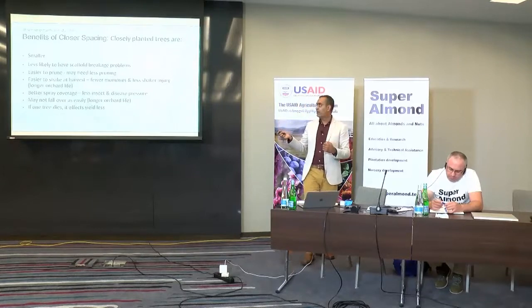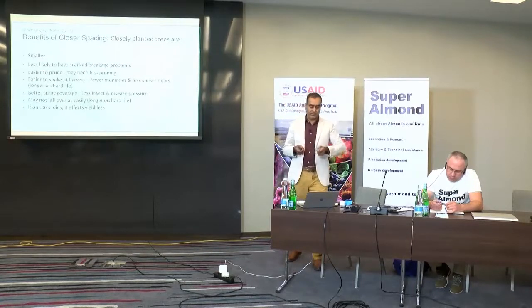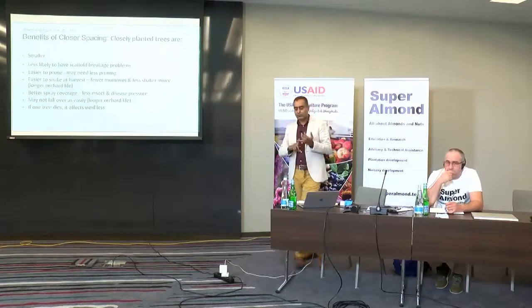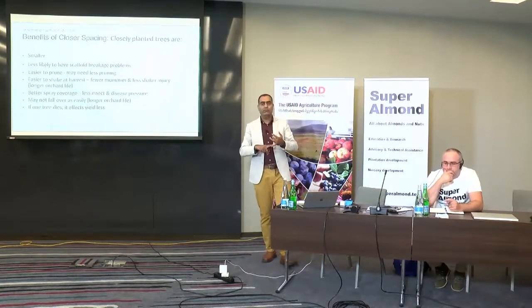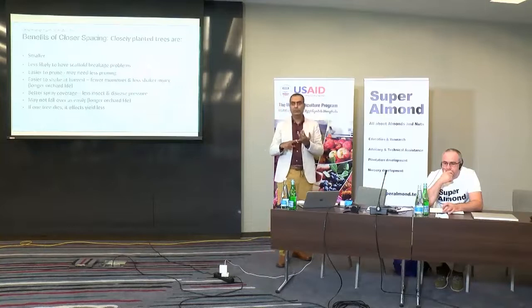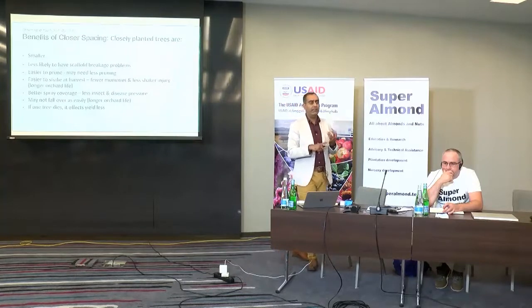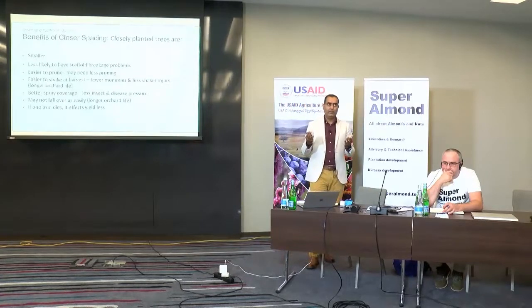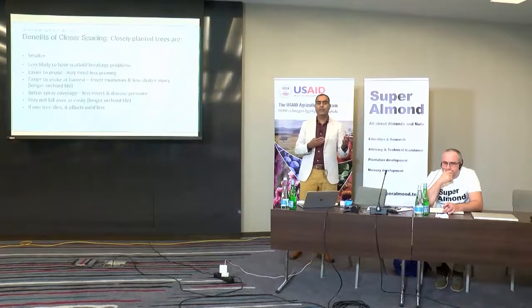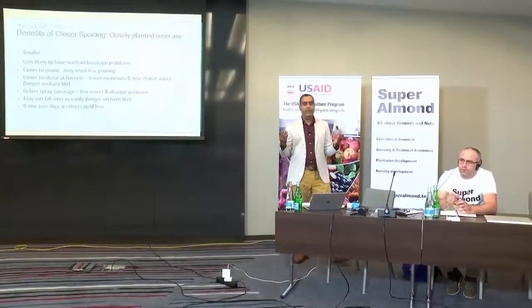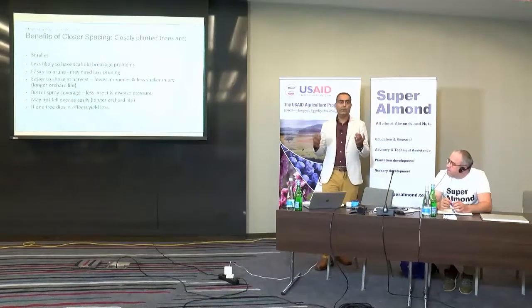I'm talking here about the University of California's tree planting density program trial. The spacings are 22 feet by 22 feet, which is 7.5 by 7.5, and then 7.5 by 6, and then 7.5 by 4.5, and then 7.5 by 4.